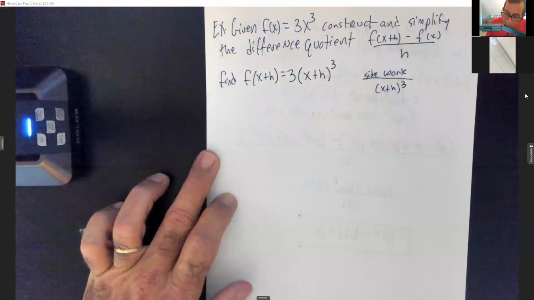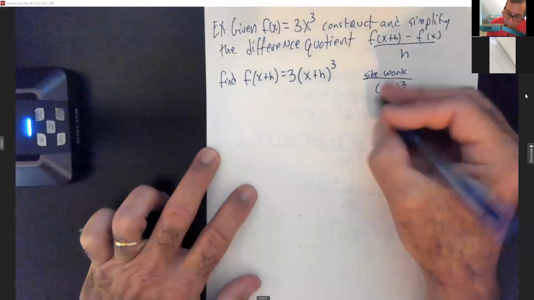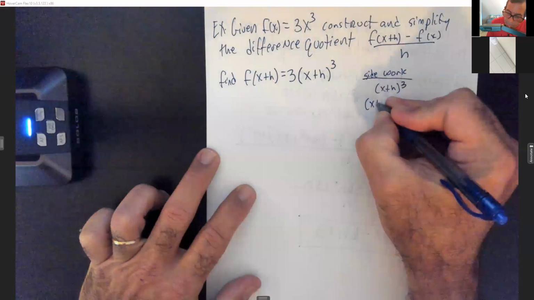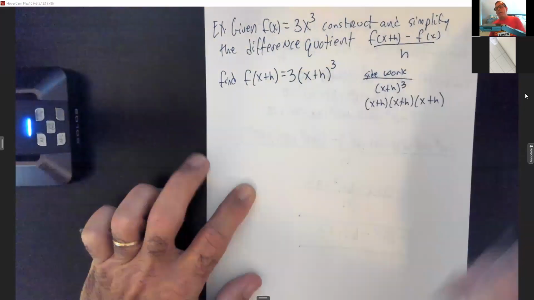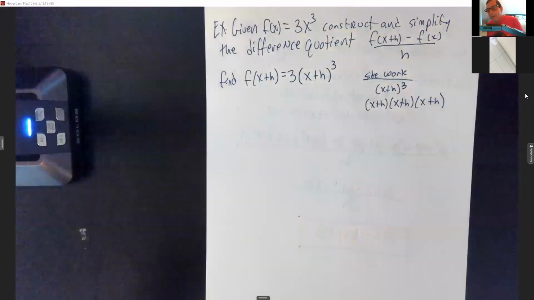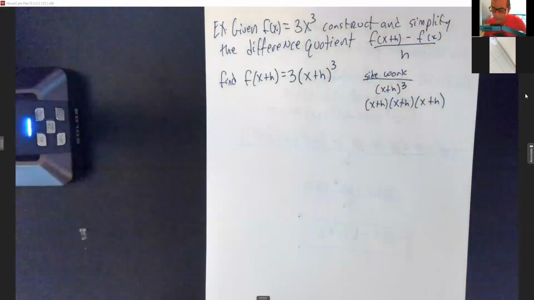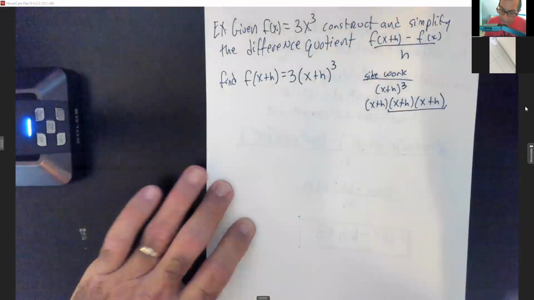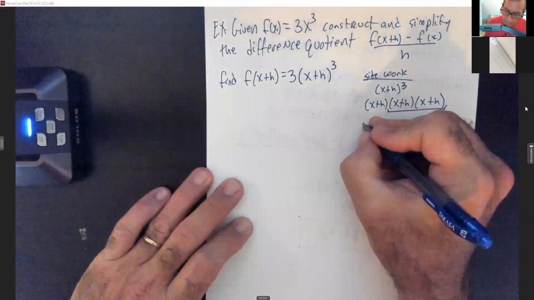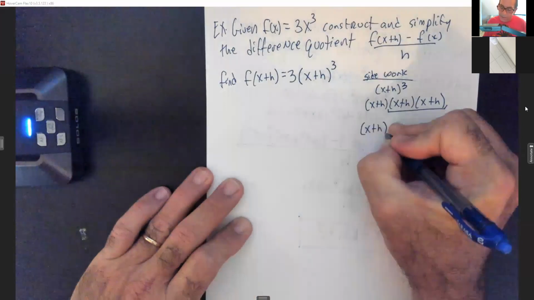That means we have to write this 3 times and FOIL it. What I'm going to do is FOIL these two first because I know what they make. So I'm going to bring down the first x plus h.